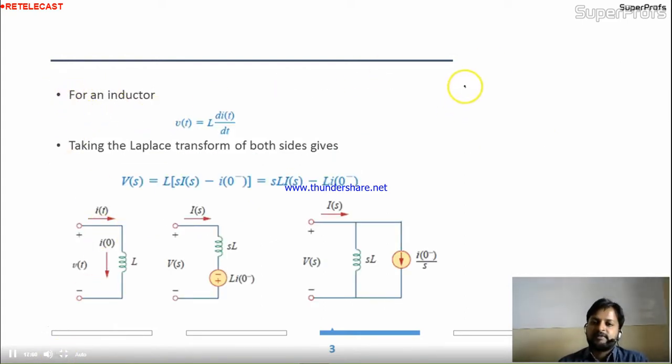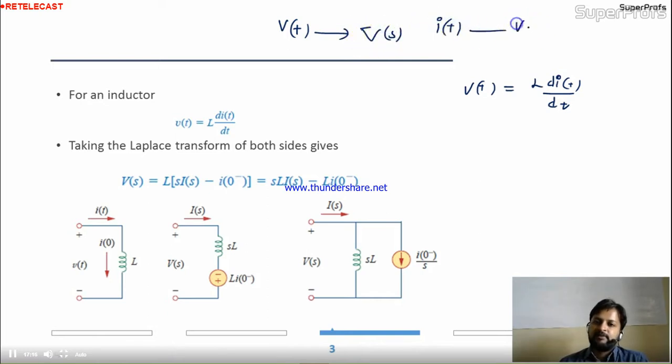For inductors, you know the equation is v = L di/dt. You know or not? Tell me. Friends, if you have v(t), to convert it into the Laplace domain you simply have V(s). If you have i(t), you simply have I(s) in the Laplace domain. But here we have the relation between current and voltage in the inductor. So v(t) will become V(s) simply, and L is as it is.